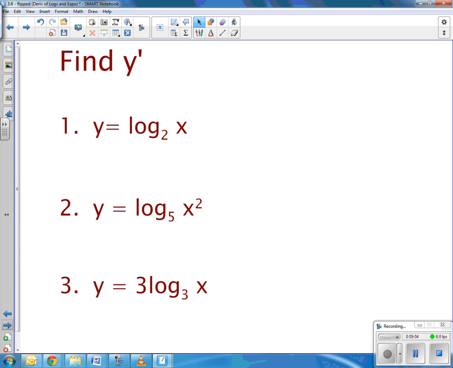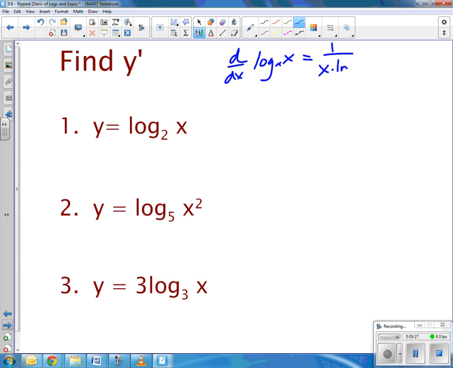So now we're going to take a look at some examples. We're finding y prime. Feel free to try these first. Pause the video and then come back and look at the answers. All right, so first one, y equals log base 2 of x. I'm going to rewrite my derivative up at the top here. The derivative of log base a of x equals 1 over x times the natural log of a.